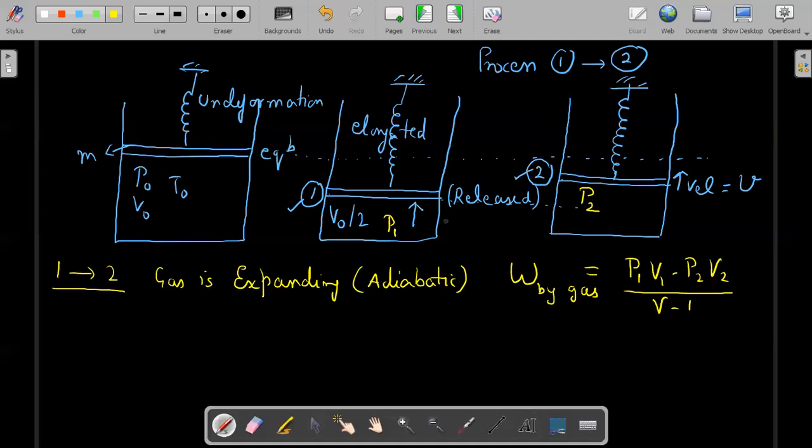So these pressures are P1 and P2, and the V1 volume is this V naught by 2, and this V2 volume is the volume which is V. Let's say this volume is V. So V naught by 2 will be in place of V1, and this capital V will be in place of V2, and the pressure is now P1 here and P2 here, right?